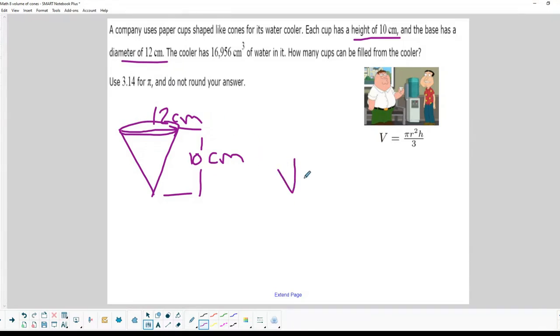Volume equals 3.14 times 6 squared, because if it has a diameter of 12, then the radius is 6, right? So pi r squared times the height, which is 10. And so here we go, calculator.